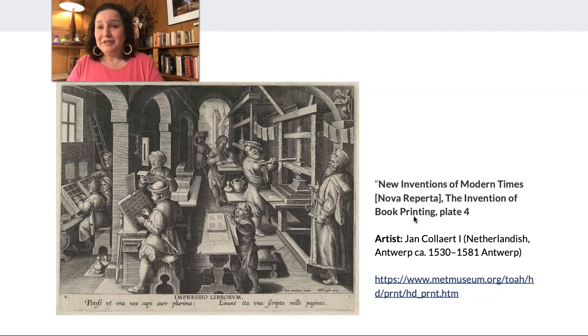Obviously there's no technology. So what you would have had to do at that time was hand produce, basically draw or paint, every single copy. And that's one of the reasons why it took so long for Bibles to be made. And so, of course, the first thing produced with the printing press was actually a Bible called the Gutenberg Bible.